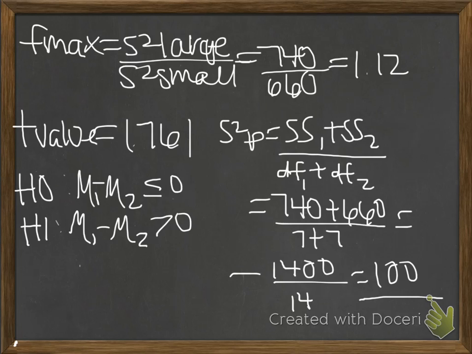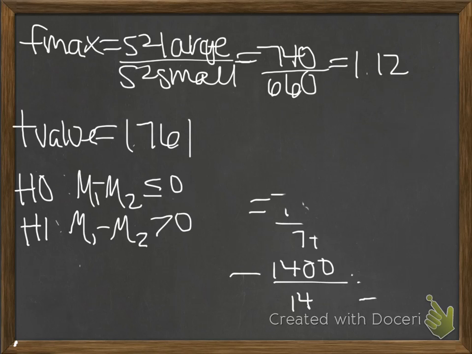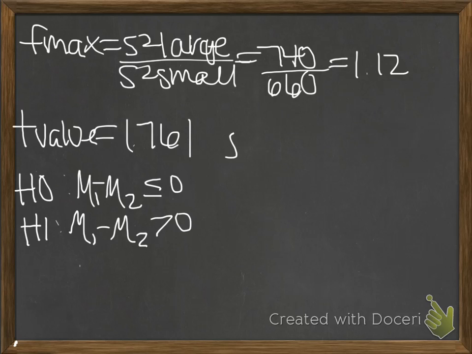So now that we have 100 as our pooled variance, we can erase the pooled variance formula here, and move on to our estimated standard error formula, which is s sub M1 minus M2, the difference of the means.